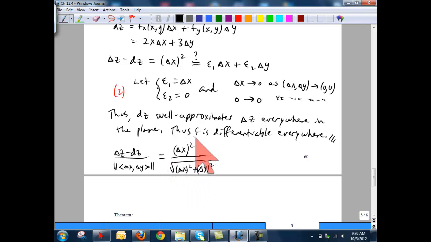If I can sandwich this quantity in between two quantities which have the same limit, then this guy in the middle also has that limit. So let's start talking now about the magnitude of this. On the one hand, once I take the magnitude, this quantity is obviously greater than or equal to 0.